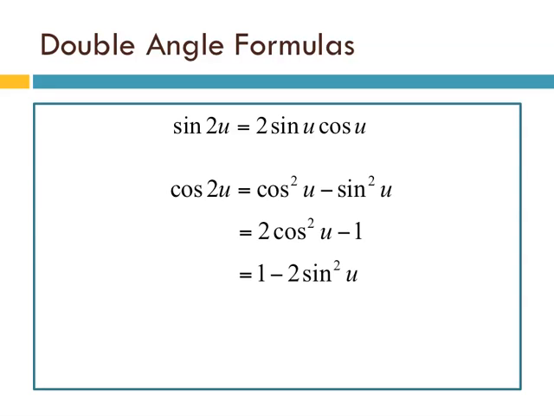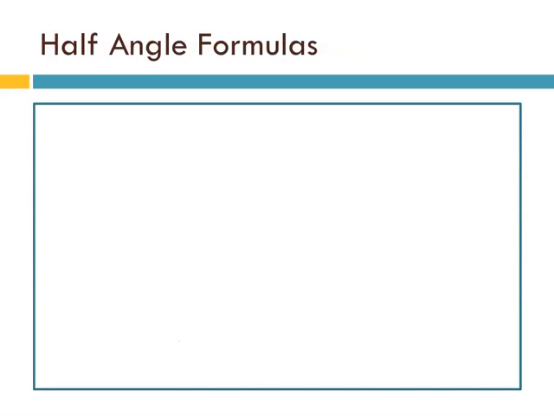Another one would be 1 minus 2 sine squared of u. Next we have tangent, so tangent of 2 times u is equal to 2 times tangent of u all over 1 minus tangent squared of u. So those are the double angle formulas for sine, cosine, and tangent.